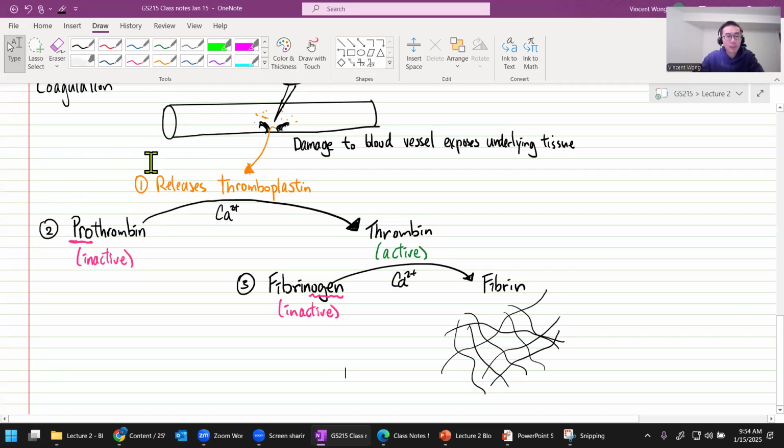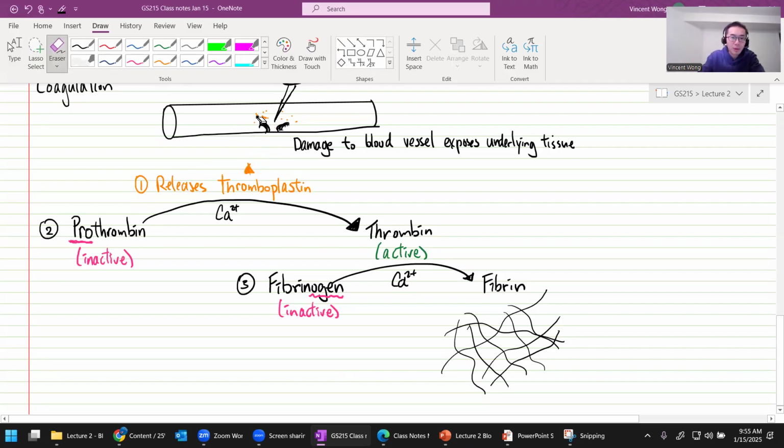If the blood vessels are undamaged, then we will not have thromboplastin, and the blood will just pass through no problem. Okay. As soon as you damage the blood vessels because of a cut or something like that, then the damaged tissue will release the thromboplastin. Okay, so that's the first block in the dominoes, right?